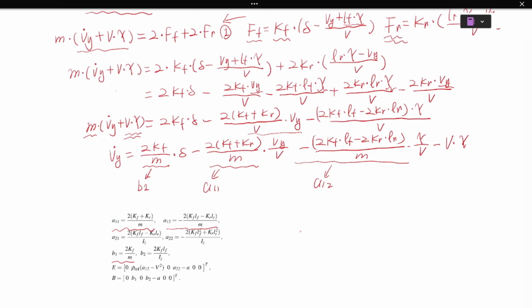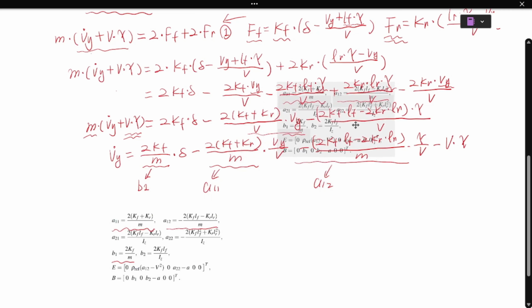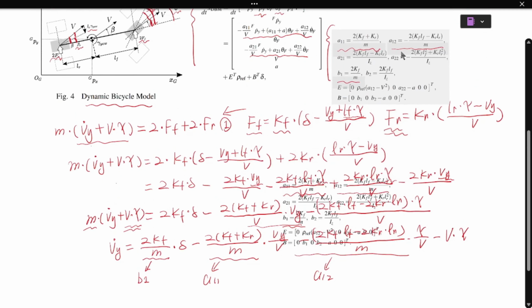Okay, so now we get the a11, a12, and b1 coefficients. We can rewrite this equation in a simple way. Let me move this diagram here.